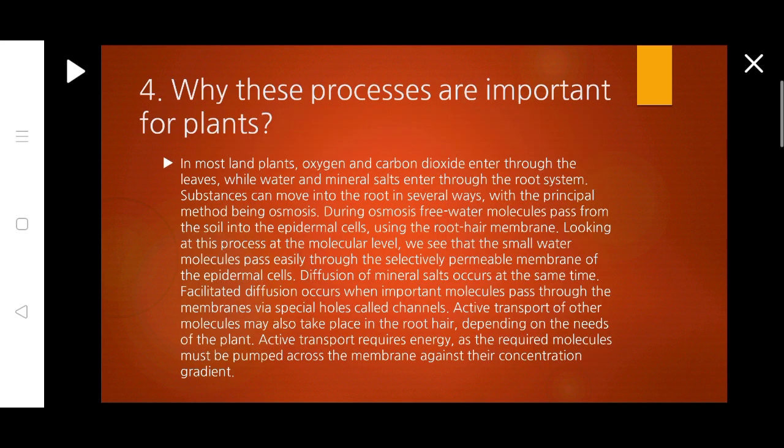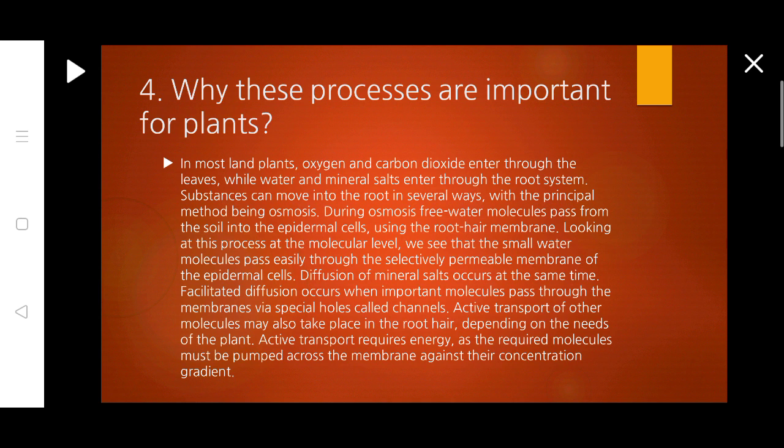So why are these processes important for plants? In most land plants, oxygen and carbon dioxide enter through the leaves while water and mineral salts enter through the root system. Substances can move into the root in several ways, with the principal method being osmosis.